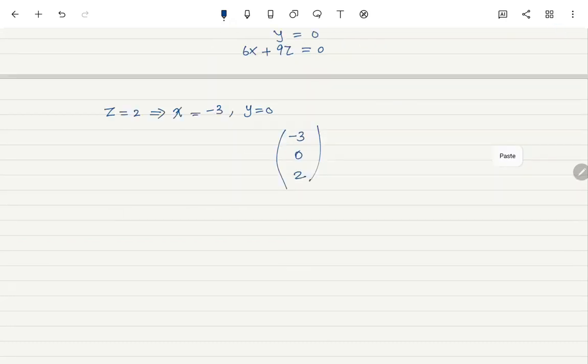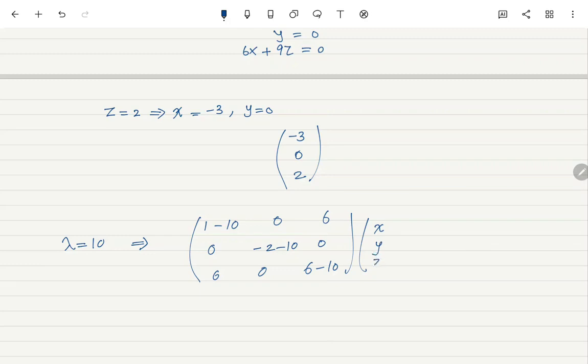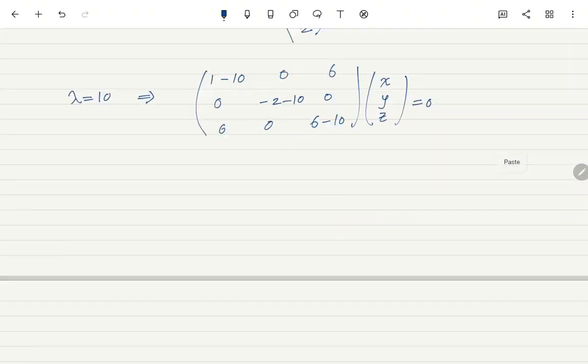Now let's find the eigenvector related to lambda equal to 10. Following the same procedure, 1 minus 10, 0, 6; 0, minus 2 minus 10, 0; 6, 0, 6 minus 10, times x, y, z, equal to 0.